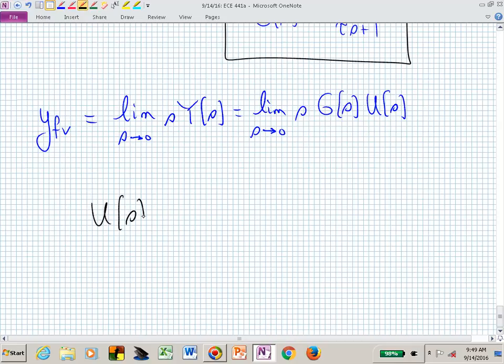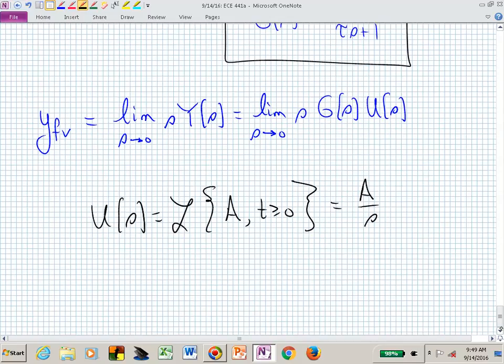So let's say that U(s) is now the Laplace transform of some constant A for t greater than or equal to 0. What's the Laplace transform of a constant? A over s, right? So now we have all the parts that we need to find an expression for Y sub fv.